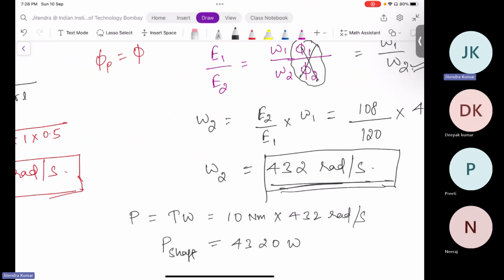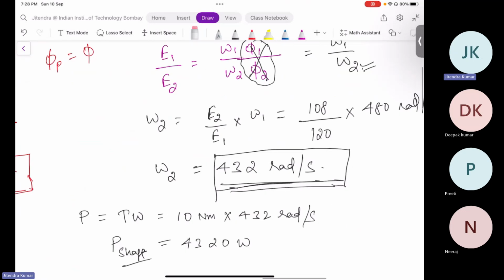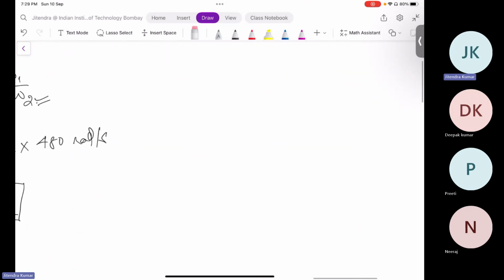So that is your shaft power. Remember, it is your shaft power. It is not your input power, neither is it the electromagnetic power. What is electromagnetic power? EB into IA, which is at the armature. Let me draw it for you.